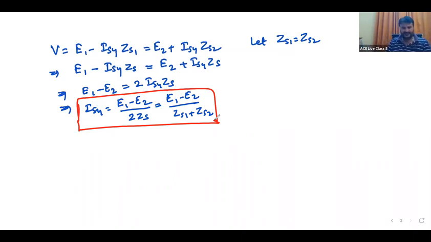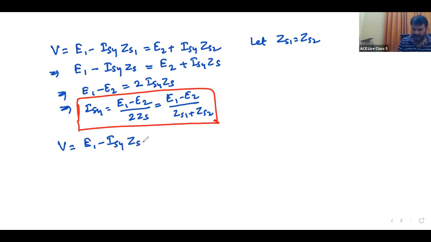Synchronizing current. Now you find out the V value. Now V is equal to what? V is equal to E1 minus ISY into ZS1, or that is equal to E1. ISY is equal to how much?